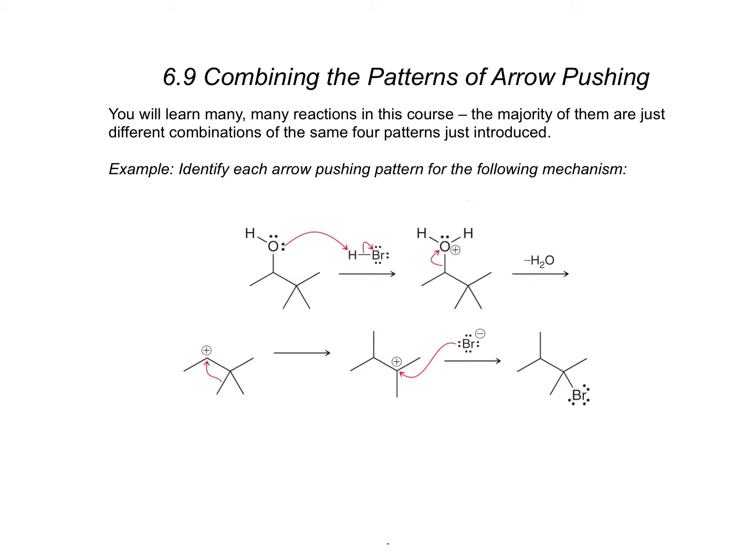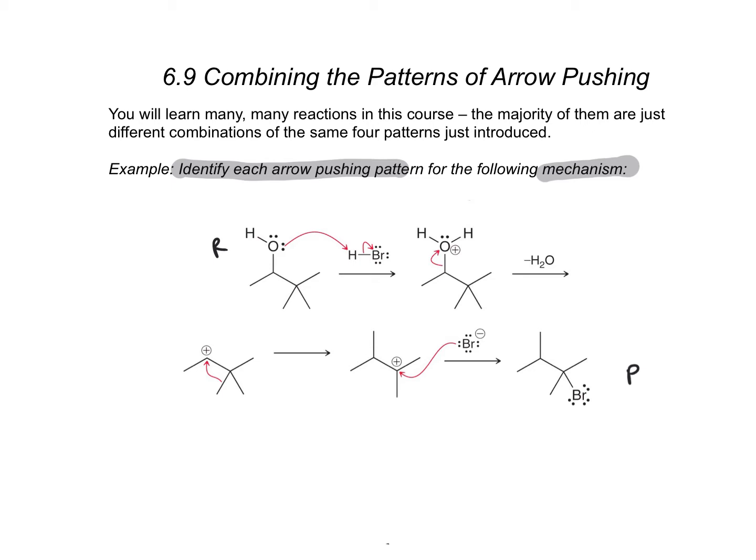For example, let's say we had a problem where they want us to identify each arrow pushing pattern for the following mechanism, right? A mechanism in organic chemistry is our proposal of a series of these four steps for taking our initial reactant over here and making our overall product over here, okay?